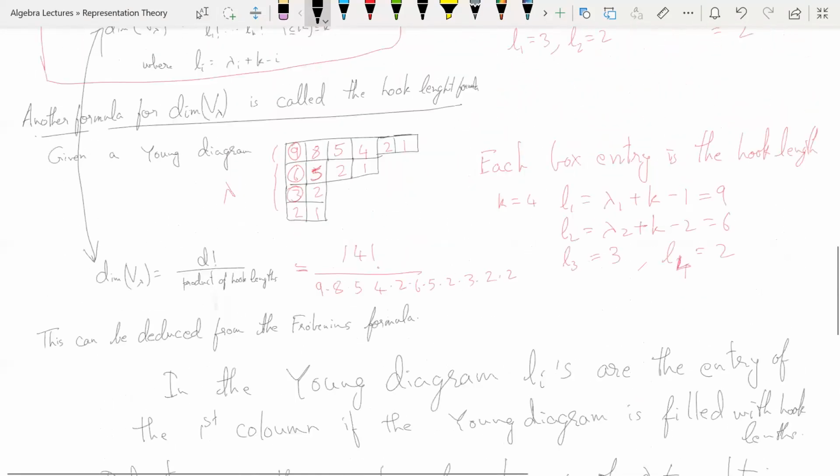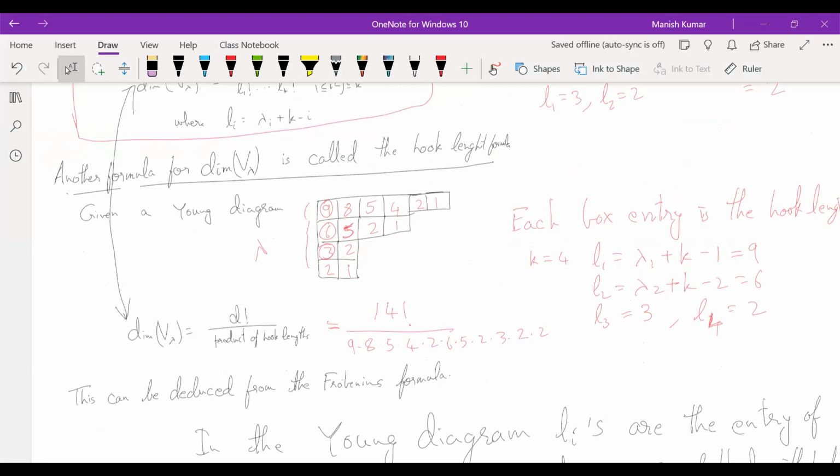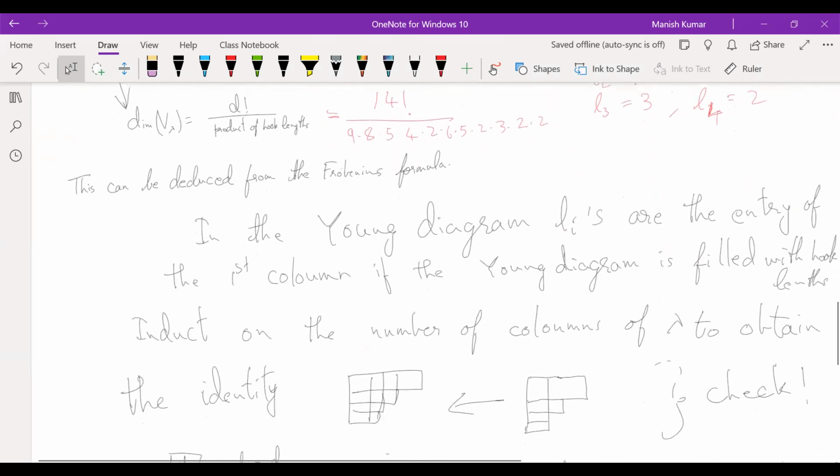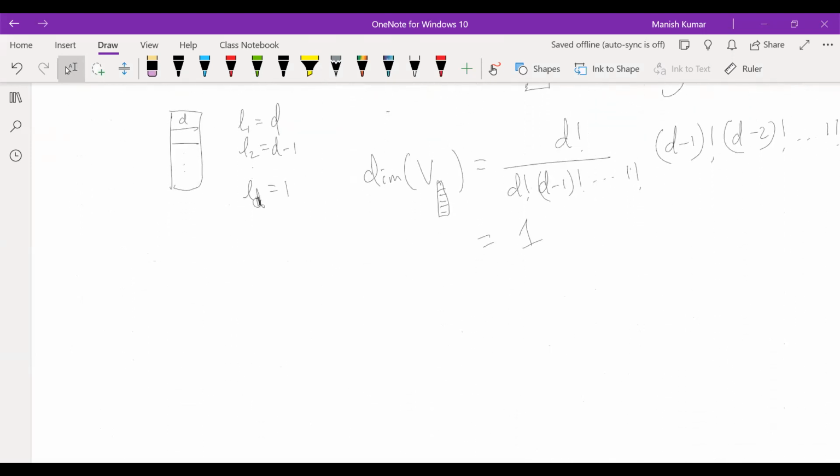So this is the hook length formula, and it can help you compute the dimensions of V lambda. As I said, I don't want to prove this Frobenius formula. In this book he has sketched out a proof.